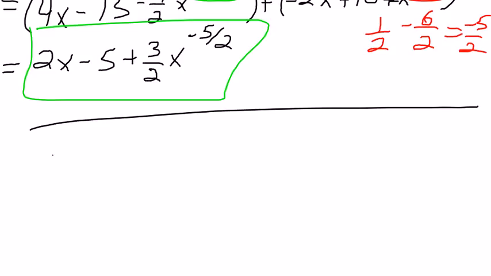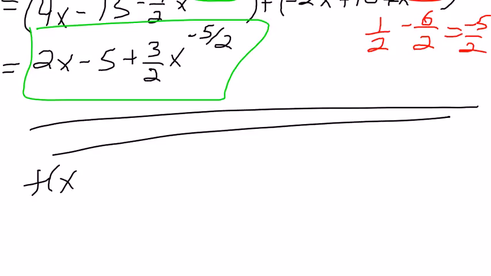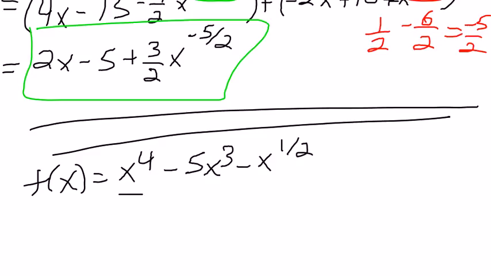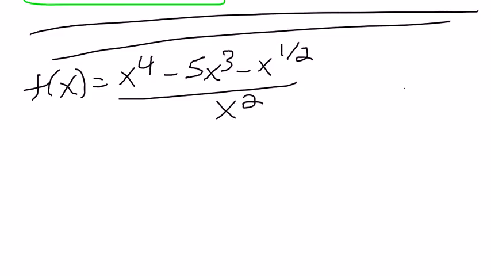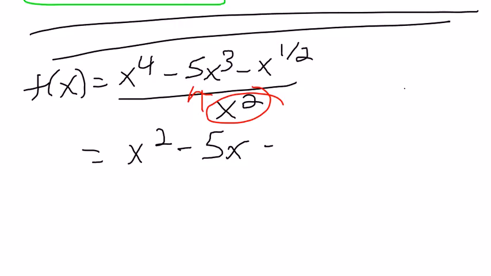Now, another way we can check this whole thing is, remember what we had to start off with, that we can do the obvious thing and simplify this first. And that's as simple as just factoring the x on the bottom into the top. So that just gives you x squared minus 5x, and that gives you x to the power 1/2 minus 2.